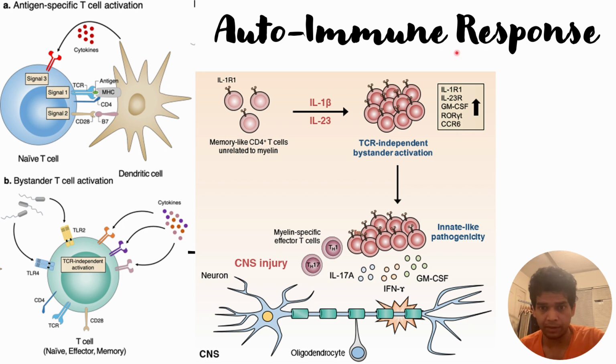It will also trigger some other signaling pathways such as GM-CSF, RORgamma t, CCR6, and overall, what will happen because of this T cell receptor independent bystander T cell activation is that it will trigger innate-like pathogenicity, where these memory-like T cells will release cytokines such as IL-17A, IFN gamma, and GM-CSF.